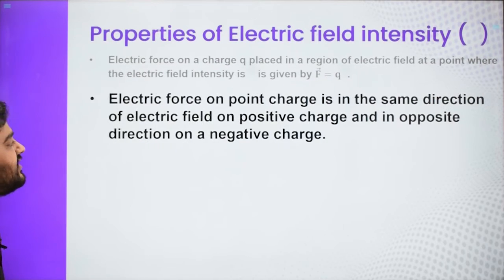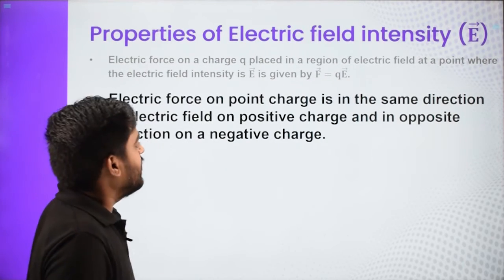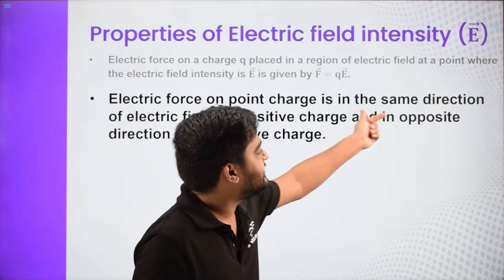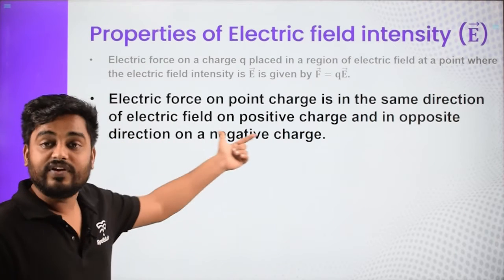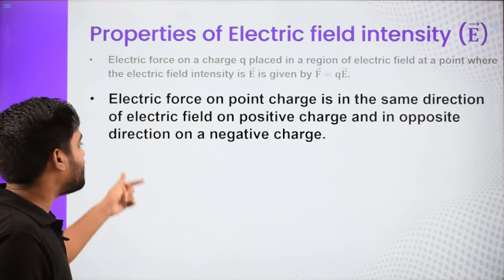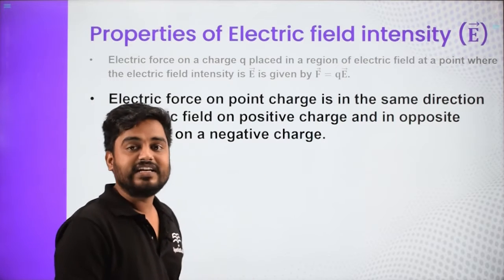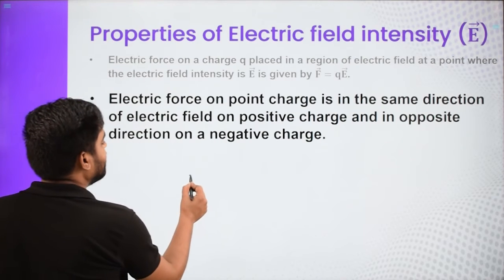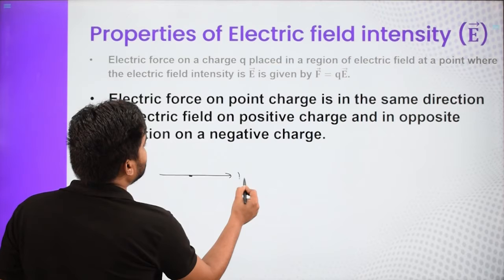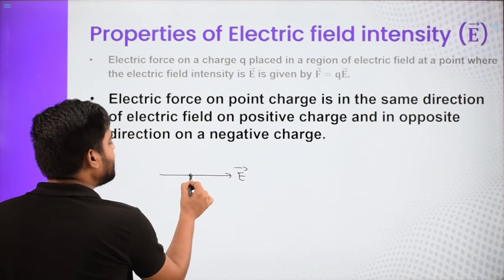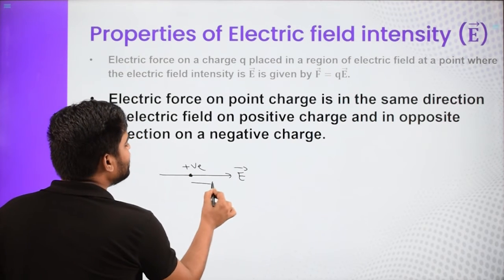Now next is electric force on a point charge. It is in the same direction if it is a positive charge, and it is in the opposite direction given that it is a negative charge. So at this point, if the electric field is in this direction, if you put a positive charge over here, the force will be in same direction.